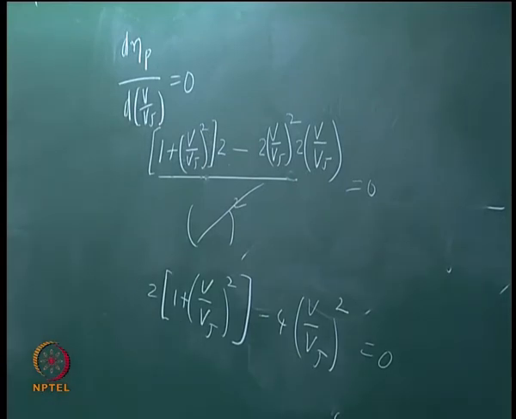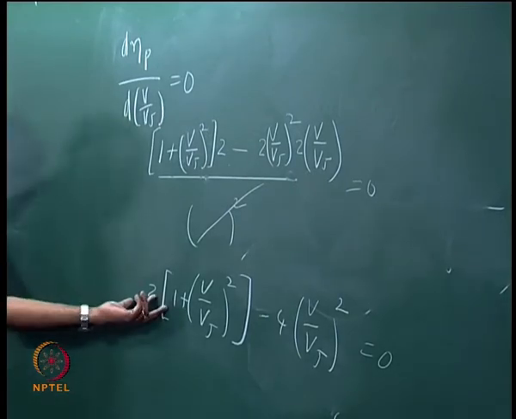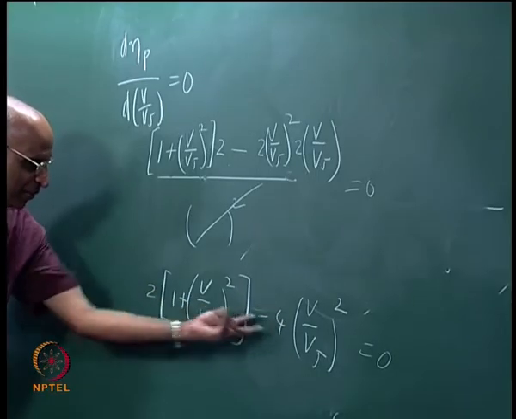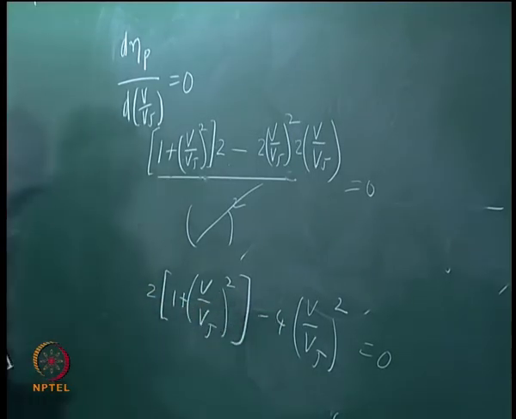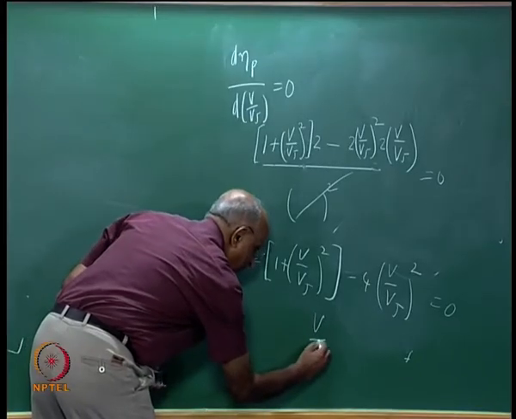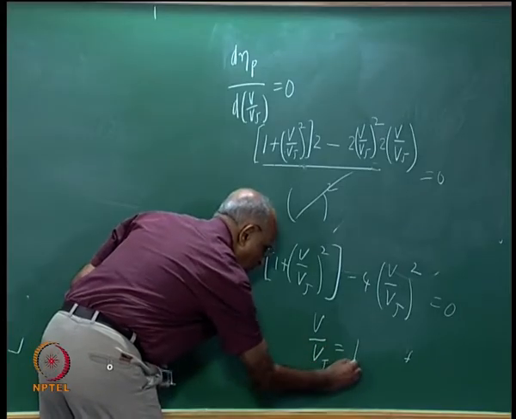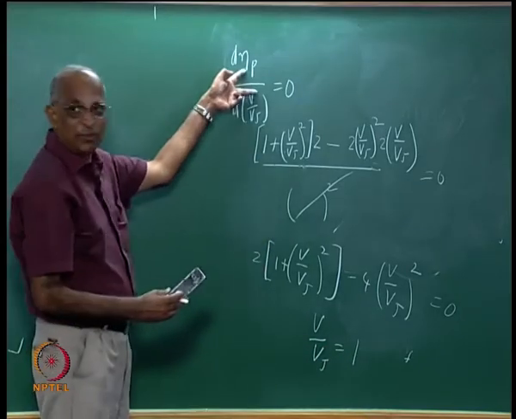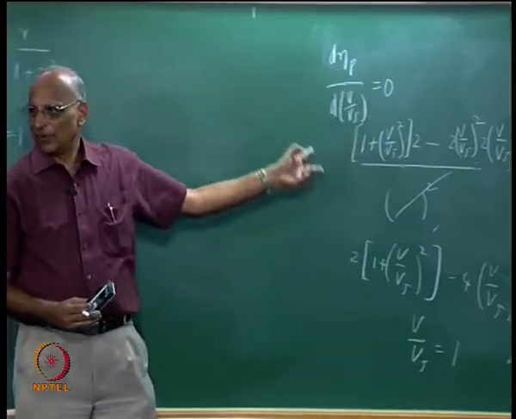What does this give you? 2 minus 2 into V by Vj, or rather it gives you that V by Vj must be equal to 1 to get the maximum. Could you do this?